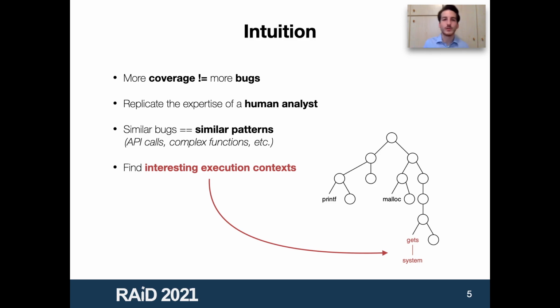The core intuition of our approach is that similar bugs often result in similar execution patterns, such as sequences of API calls or system calls, executions of complex functions, etc. And so we can leverage this information to find interesting execution contexts in a target program. This allows us, for example, to get around the uninteresting functions that cause path explosion and instead focus on and get right to the point where the vulnerability happens.